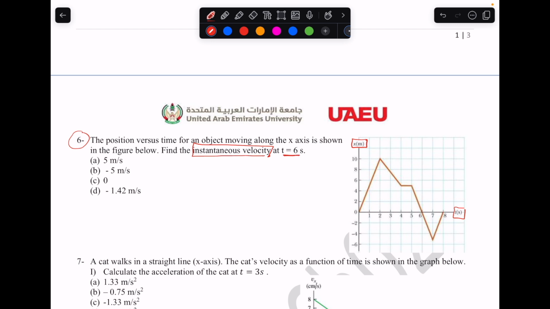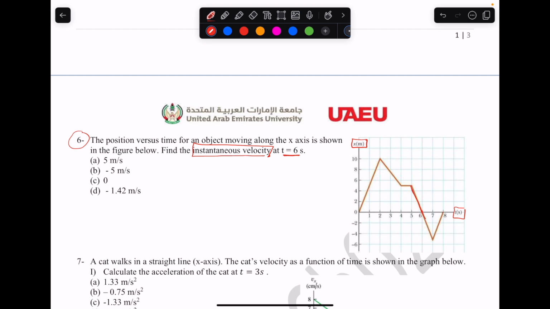So we wanted to find the instantaneous velocity. For that matter, we take a tangent line that passes through 6. So we have to find the instantaneous velocity by taking the tangent. How can we take the tangent? We use the two-point formula.